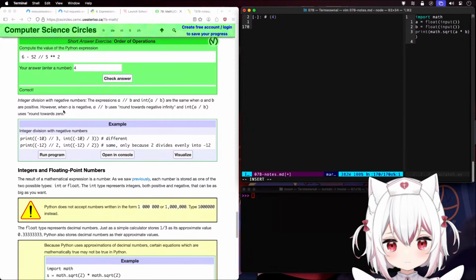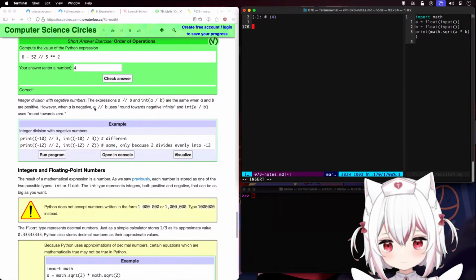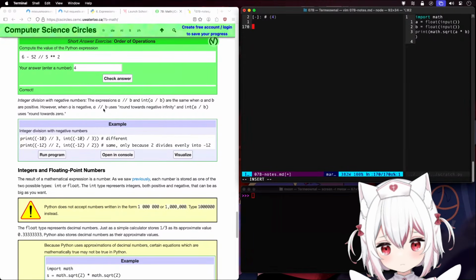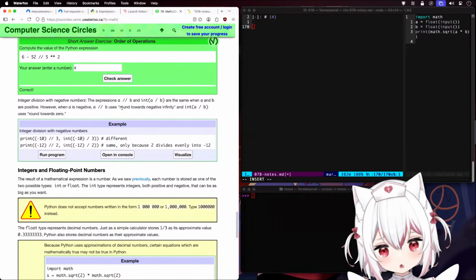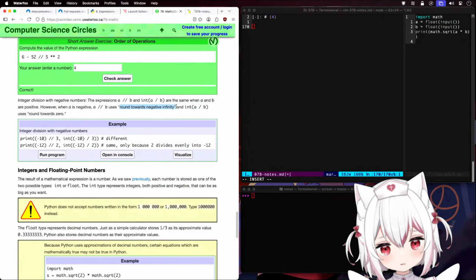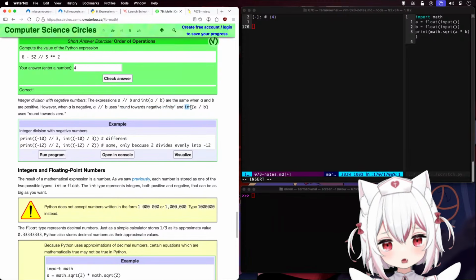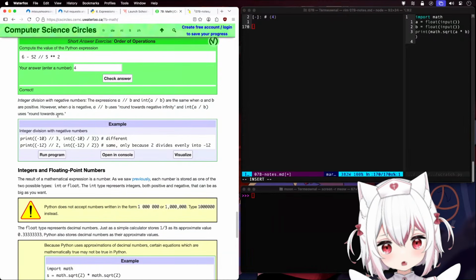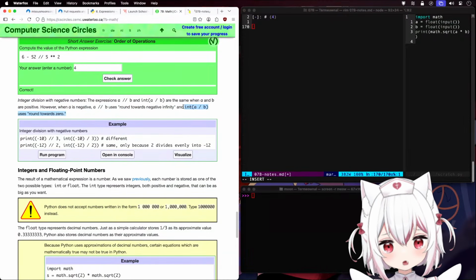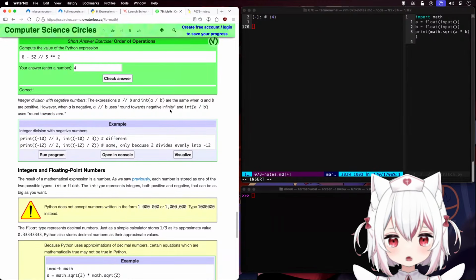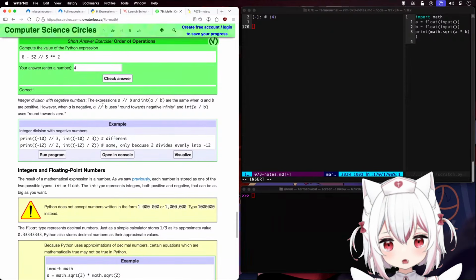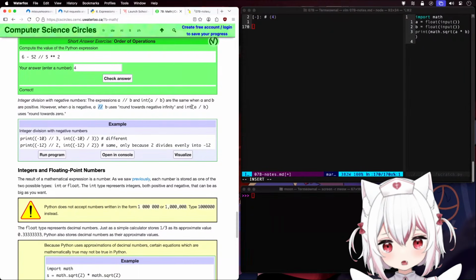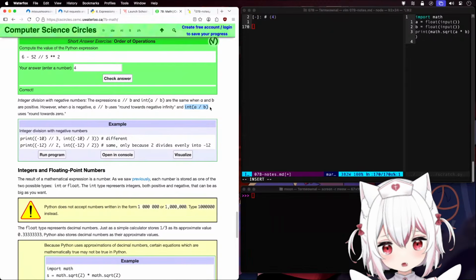However, when a is negative, floor division uses round towards negative infinity, and int(a / b) uses round towards 0. This is why I don't think they should actually call this integer division. They should call this floor division and call this integer division.